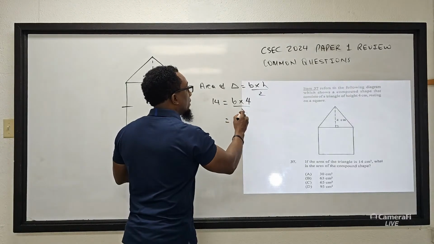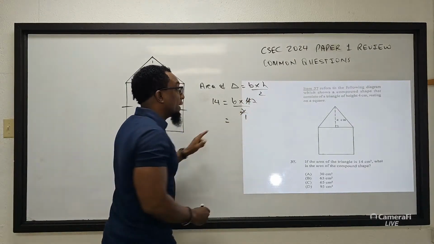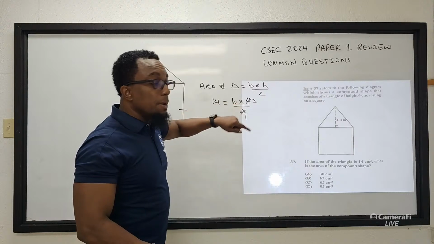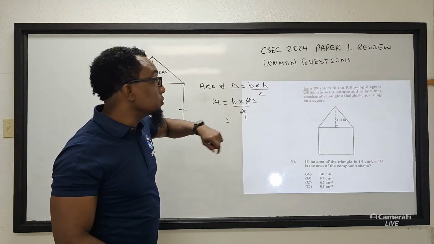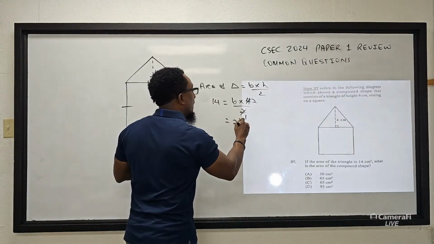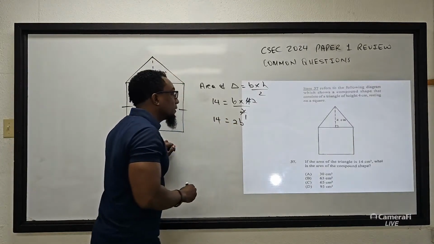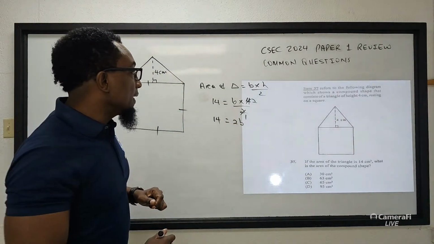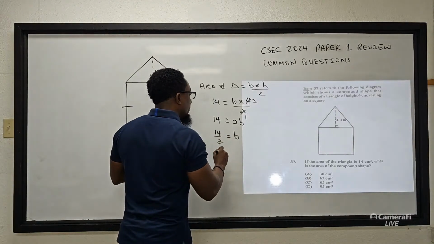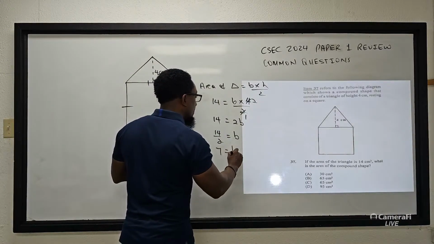I can divide 2 into 4 to give 2, because there's a multiplication sign separating the two terms in the numerator. So 2 times the base is equal to 14, and to get the base by itself, I divide 14 by 2, which is 7.